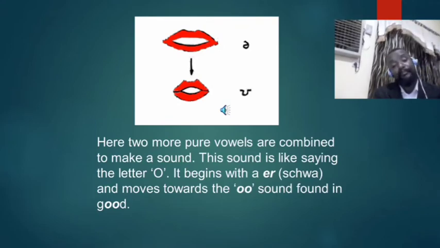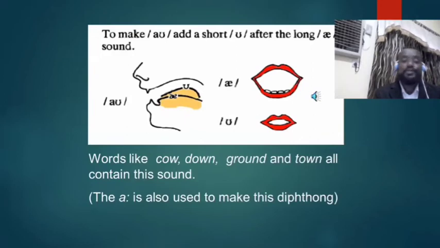Also another one, to make ow, add the short O after a long sound. Here, if we look at this diagram, the position of the tongue is different from one sound to another.